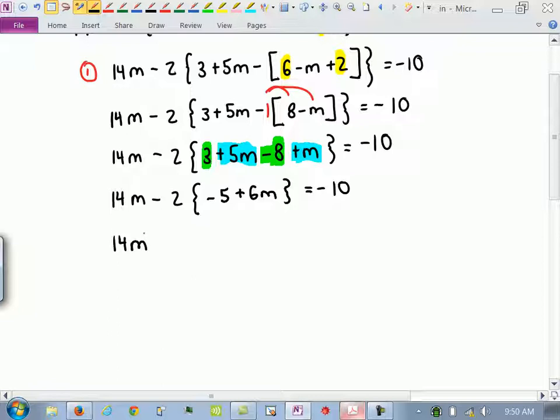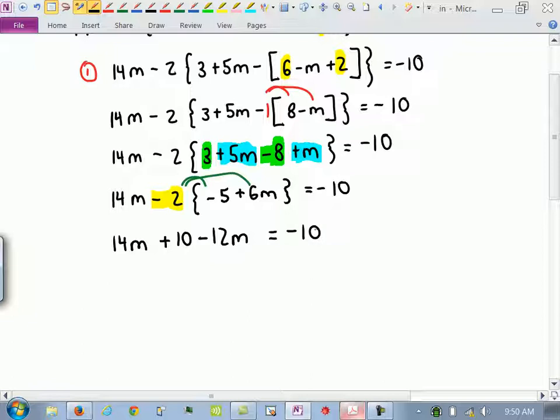Now what I'm going to do is distribute the -2 through the brace to get my braces out of there. So I have 14m, then what? Plus 10 minus 12m, and then the other side of the equal, so equals -10.